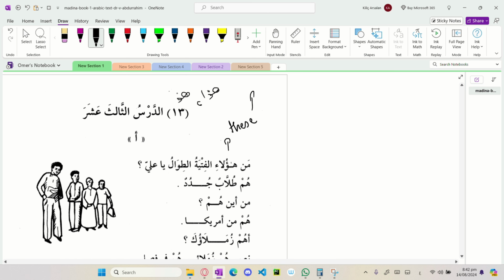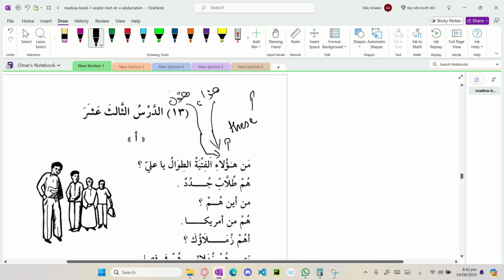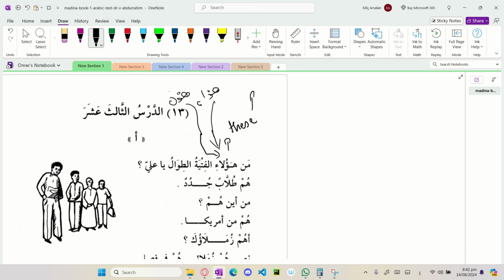The good news in Arabic is that there are no different words for pointing towards a single female or towards multiple females. So the jam'un of haza is haula'i, and the jam'un of hazihi is haula'i too. So man haula'i al-fityatu tiwalu ya Ali.